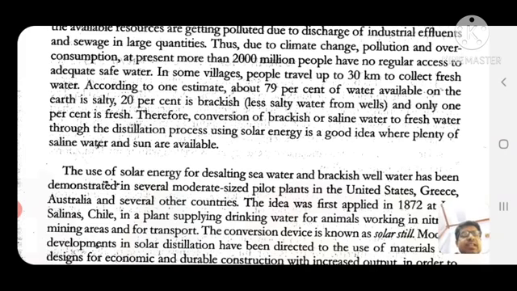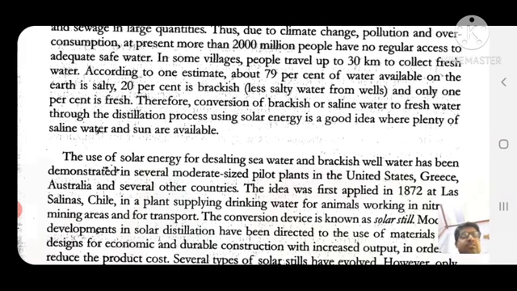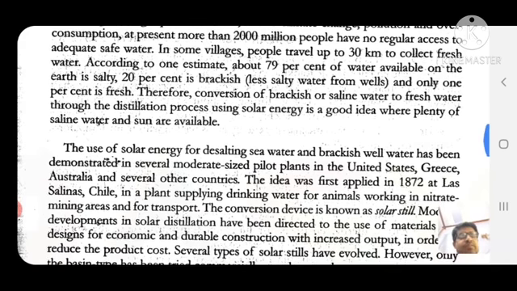Thus, due to climate change, pollution and overconsumption, at present more than 2000 million people have no regular access to adequate safe water. In most villages, people travel up to 30 km to collect fresh water.